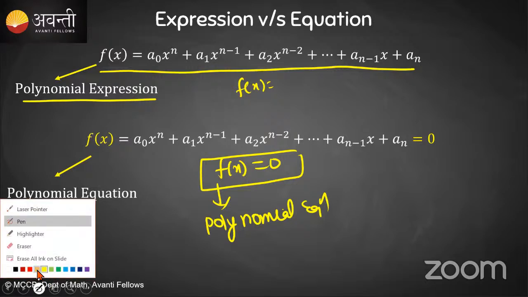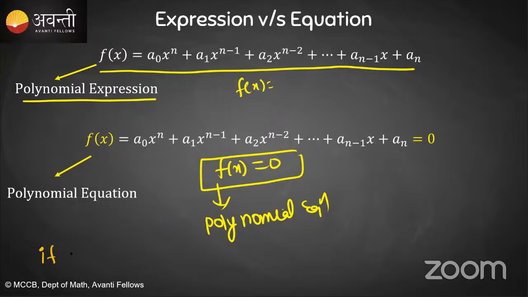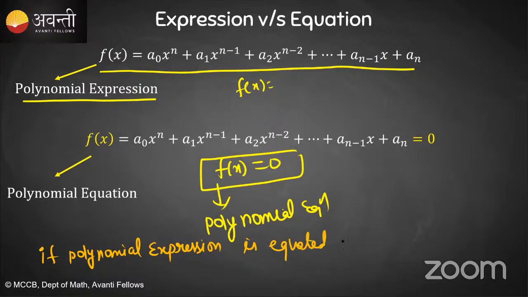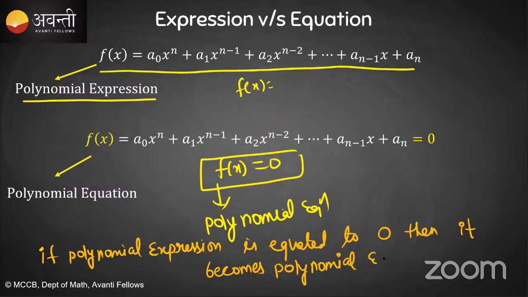So you can say that if a polynomial expression is equated to 0, then it becomes a polynomial equation.